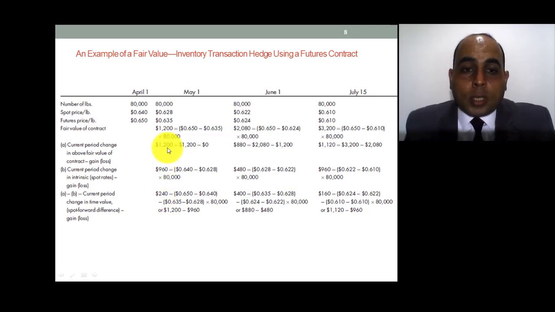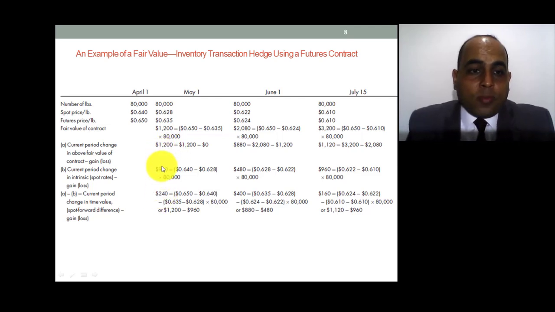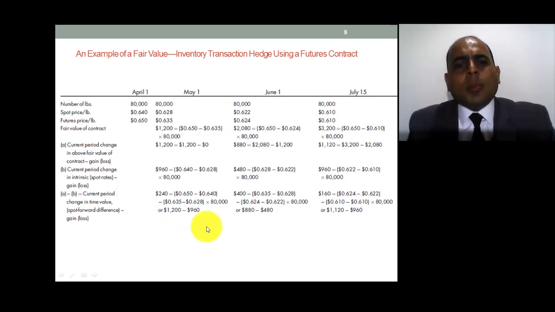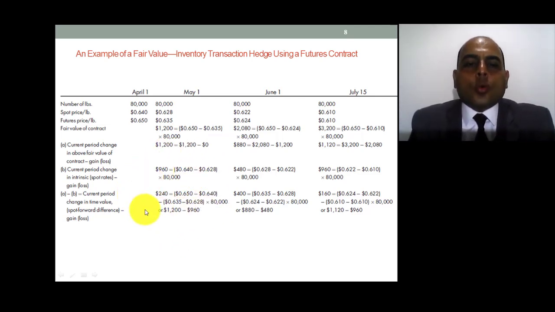So the 1,200 occurs because of the current period change, the difference between spot price and the change in time value, or we can record it together in one entry to simplify the idea here.